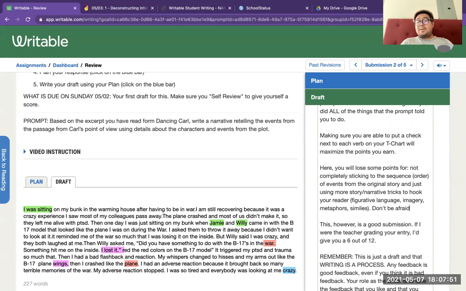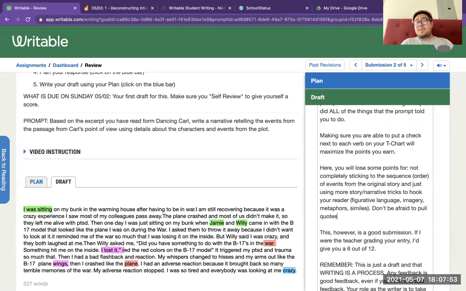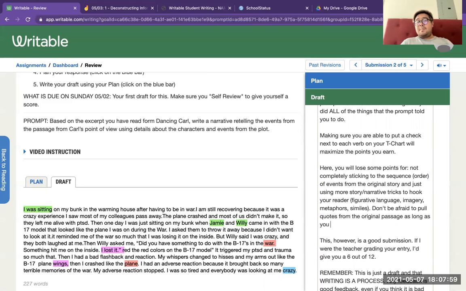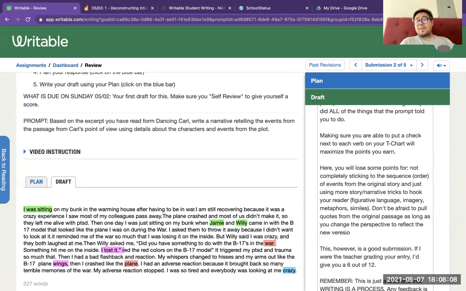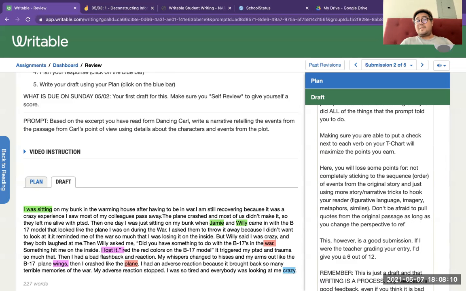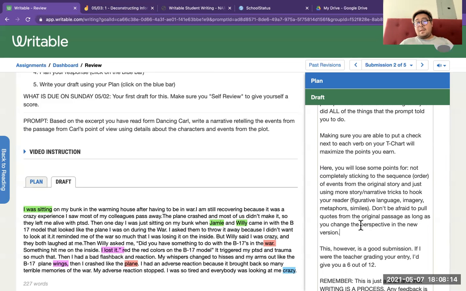Don't be afraid to pull quotes from the original passage, as long as you change the perspective to reflect the new version. Change the perspective in the new version. The speaker's perspective. Okay.